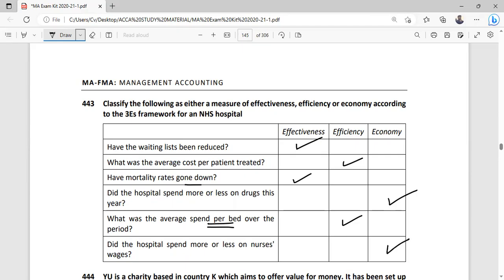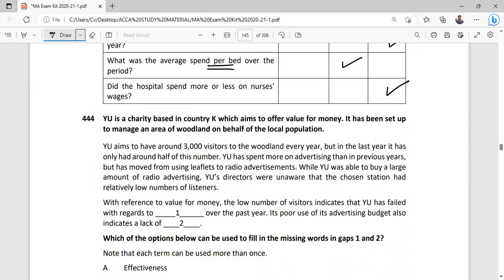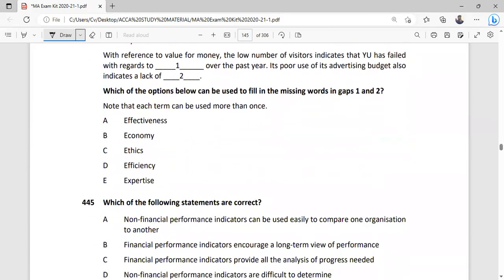Again, it's a cost measure. All those measures for which we hire labor or workforce or material from outside the business or hospital are economy. If we are talking about internal cost, it is called efficiency. And if we are talking about objectives, it is called effectiveness. You can do the next one.